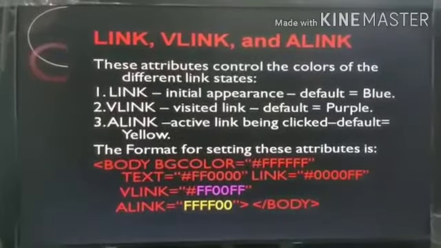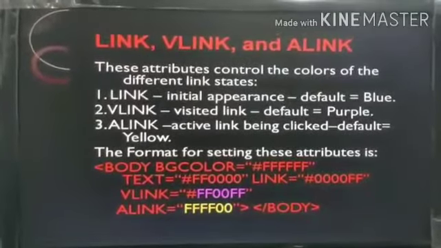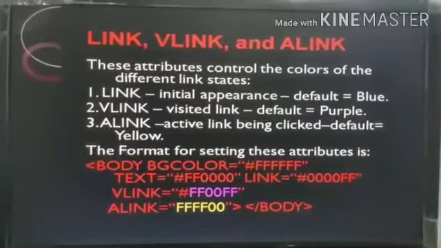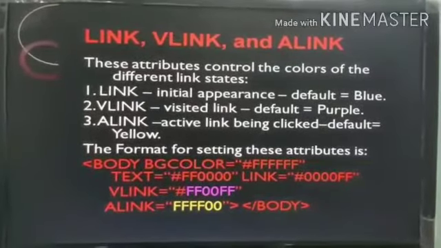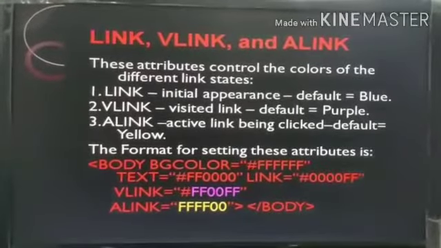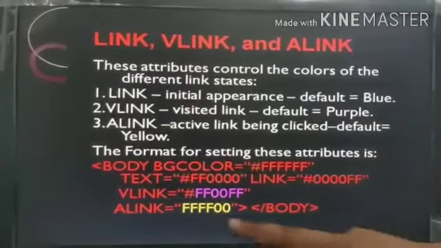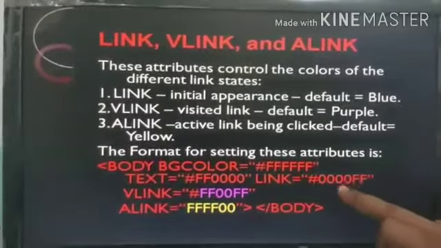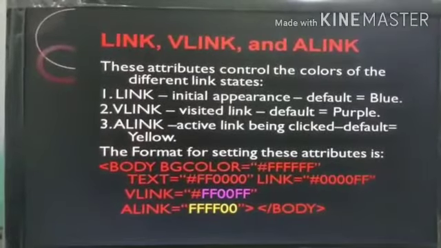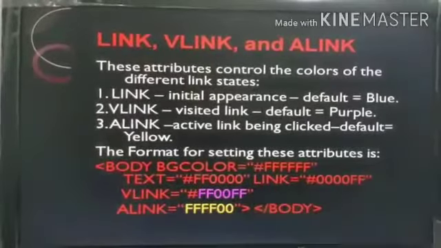And a-link is the attribute of the body tag which is used to provide the active link color, means whenever we click on the hyperlink, it will change color for some time, so the user will understand the link is active and selected. Here we can give the color, using the hexadecimal code or the color name inside the double quotation marks for the related attributes.